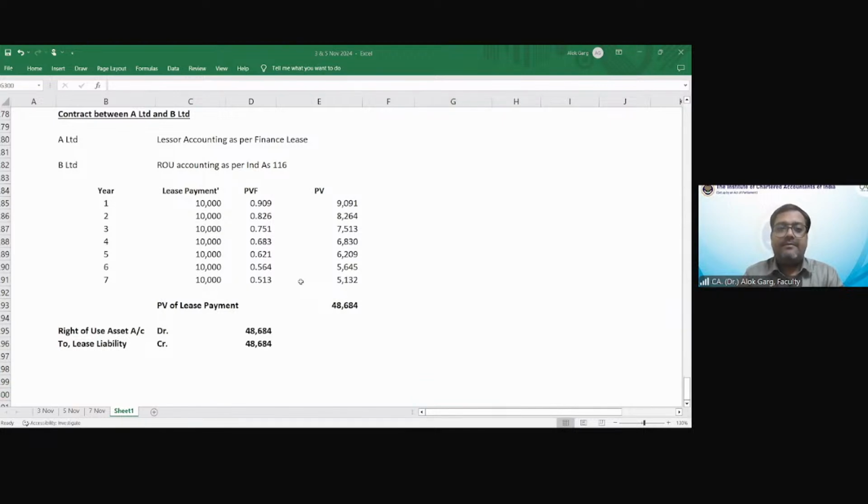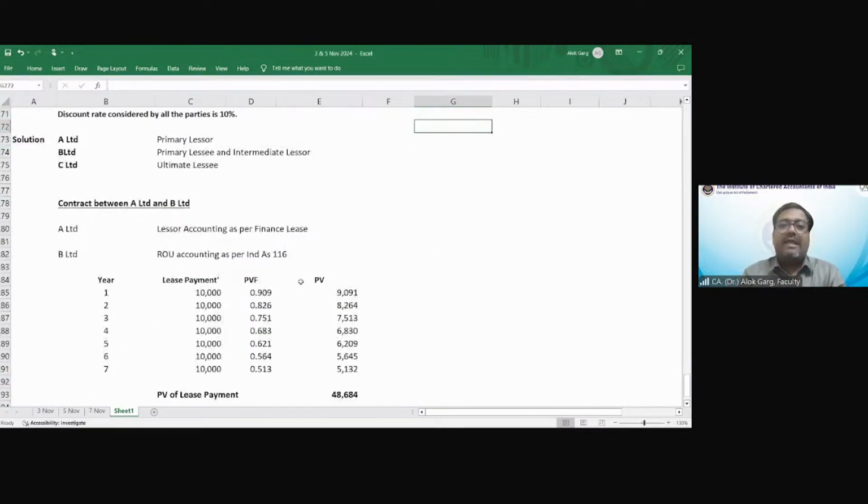Now what will happen in the books of B Limited as per the second contract, contract number 2? My first contract is between A Limited and B Limited. My second contract is between B Limited and C Limited. In this contract, B will be the intermediate lessor and C will become the ultimate lessee. इसमें B Limited क्या बन गया?